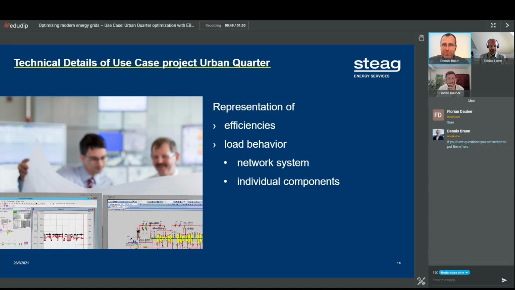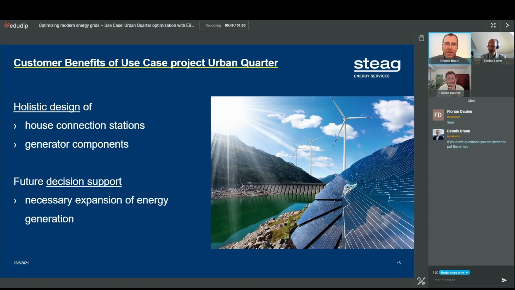We had the efficiencies calculated there, the load behavior of the network and the components. And finally, it was a holistic design, one model for all of those different things, because for those results they have to all be considered, plus future decision support, how to expand, because they knew already the first stage will not be the last one. How can they use that in the future?